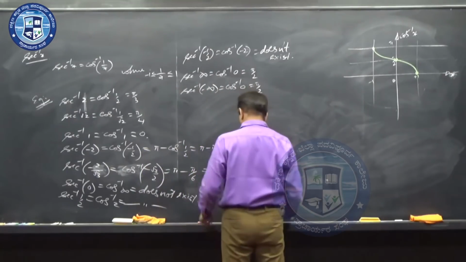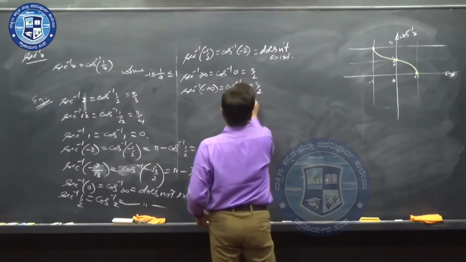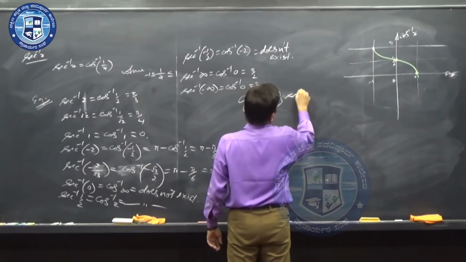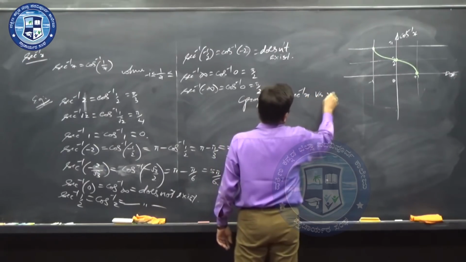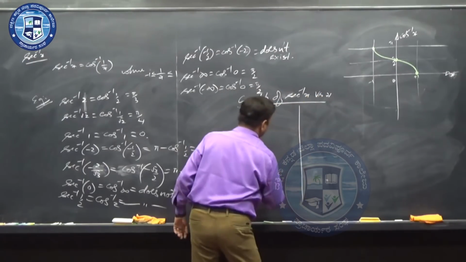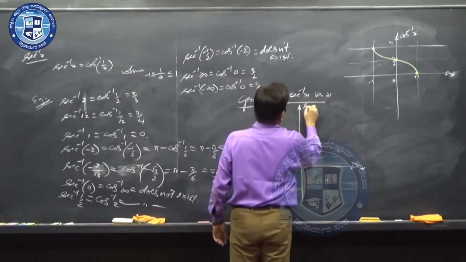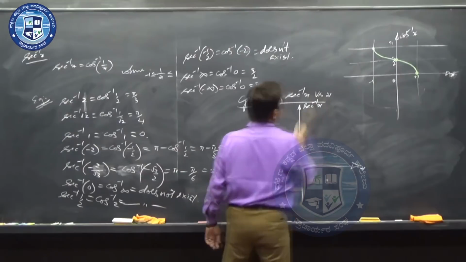Now let us draw the graph of secant inverse x versus x. Look at this. This is x, and this is secant inverse x.